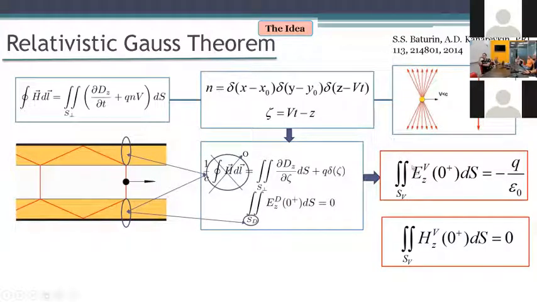I want to stress that those are integrals over the vacuum channel cross section only, and the nature of the components EZ and HZ is purely radiating. They are from the radiation. From those considerations, I've made no assumptions on what type of radiation. Anything that will retard the field will produce that sort of result. So if I can use this reasoning for some other problems, then the result will be the same.